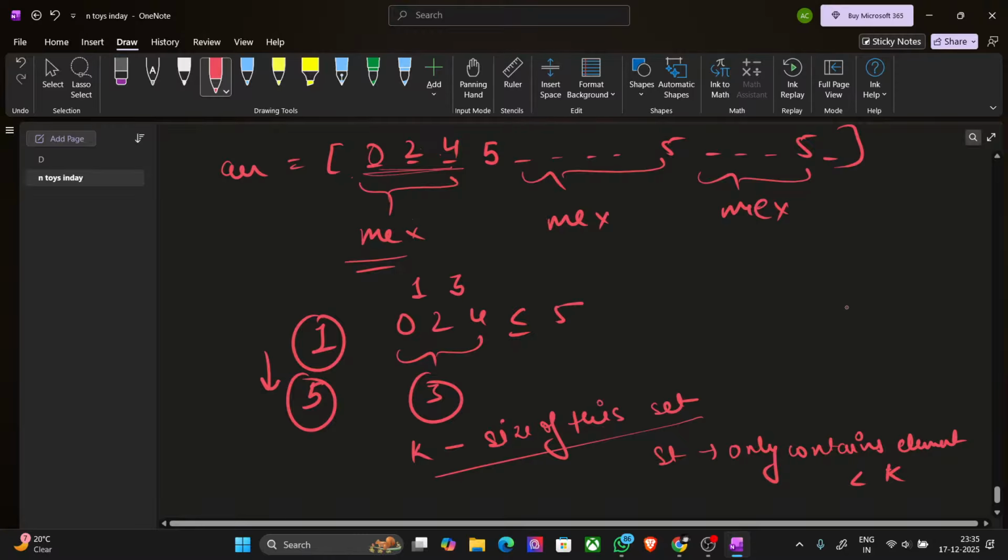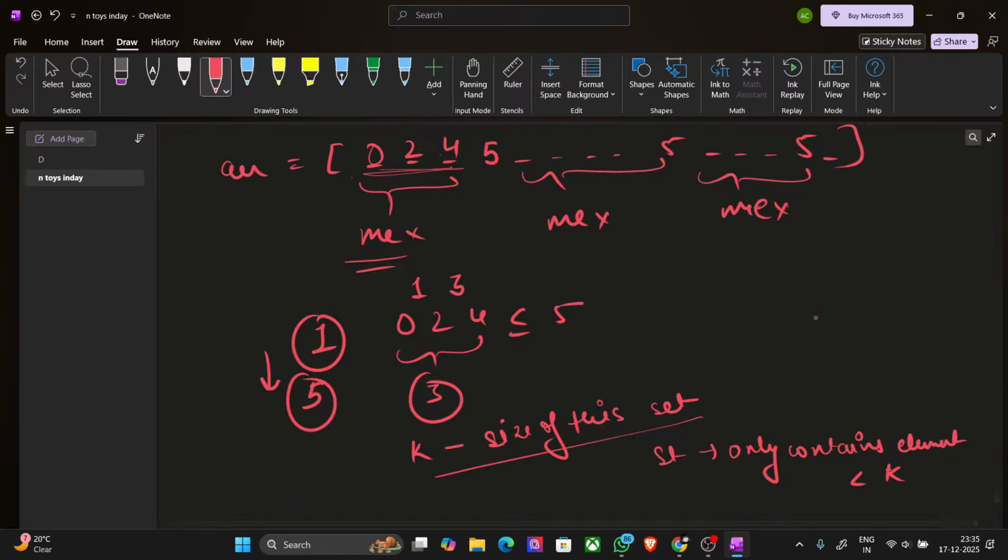Why? For making max 5, do we really need any element which is greater than k, greater than 5? Do 6 help us in making max equal to 5? No. Do 7 help us? No. Do 100 help us? No. What are the elements which help us? That is 1. 1 will help us make the max equal to 5, as it is not present in that segment.